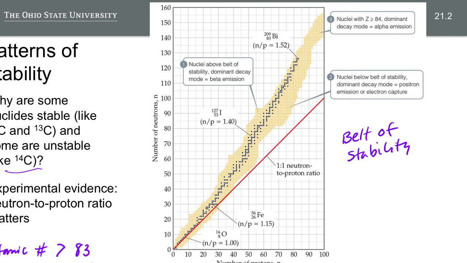What we see is that those nuclei that are above the belt of stability typically decay by beta emission. Those that are below the belt of stability typically decay by electron capture or positron emission.